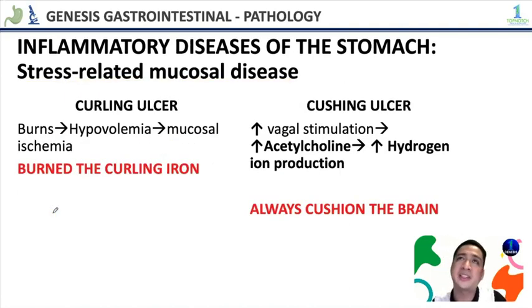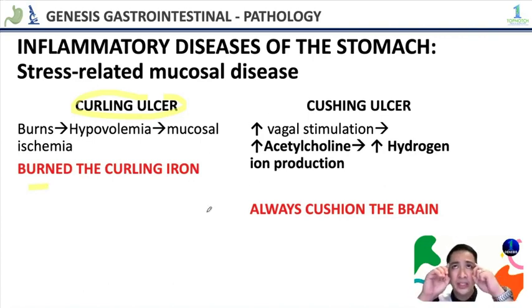So in a nutshell, let's try to differentiate the two most common stress-related mucosal diseases. We have your Curling's ulcer and Cushing's ulcer. Curling, you think of burns. With burns, there is decreased blood flow, which can lead to ischemia and hypoxia. So there is Curling's ulcer.